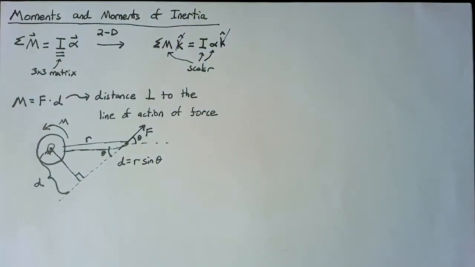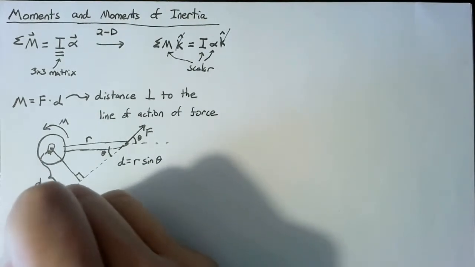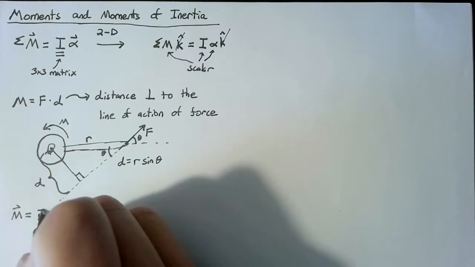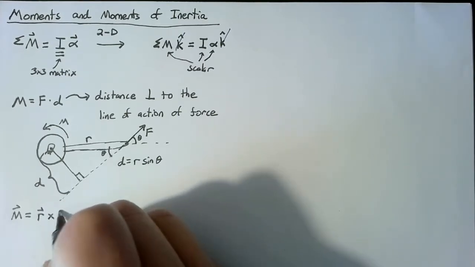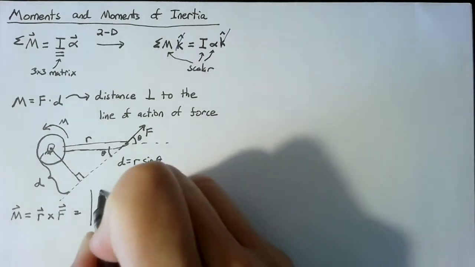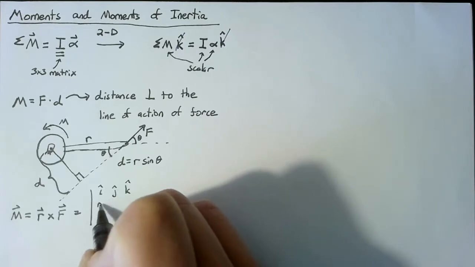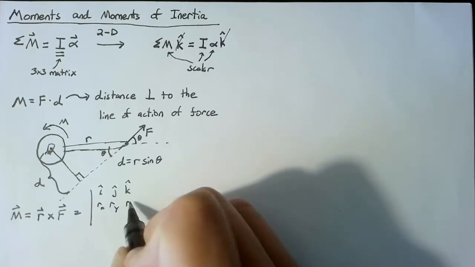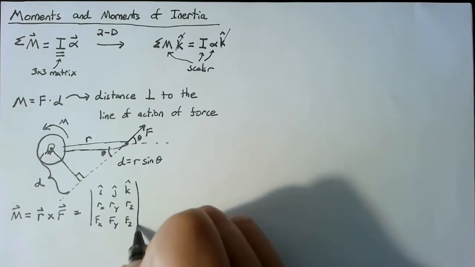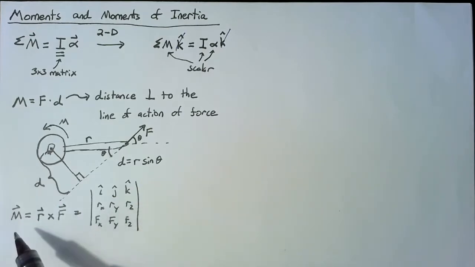Now, if instead of the geometry, we actually just know the two vectors, and this works for 3D as well, we could write the moment as r crossed with F. And if you remember vector arithmetic, this would be equal to i, j, k, then we'd have r in the x direction, r in the y direction, r in the z direction, and then the F's as well. And you would take the determinant of this little matrix in order to figure out what the moment was.